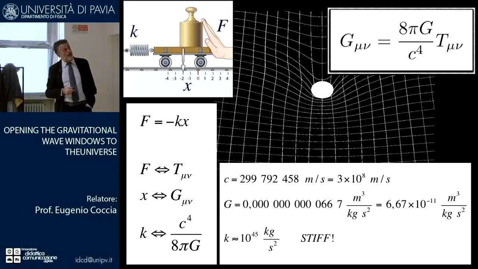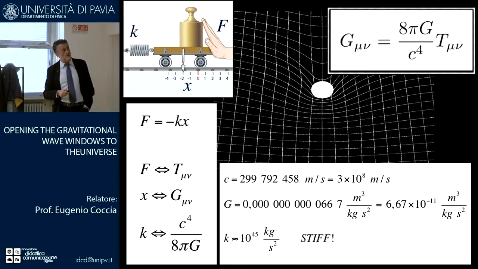If you apply a force and this mass is connected with a spring of a certain elastic constant, K, which says how stiff the spring is, then there will be a deformation, X, which will depend on the force applied and on the elastic constant. So this is the expression of the force. The system reacts with a force in the opposite direction respect to the one of the force applied.